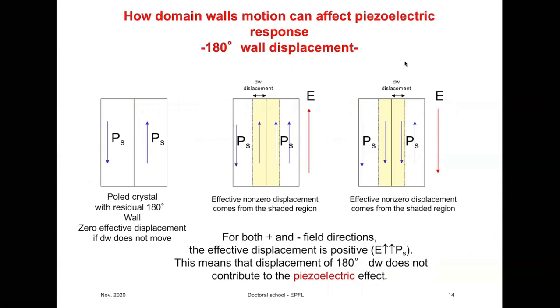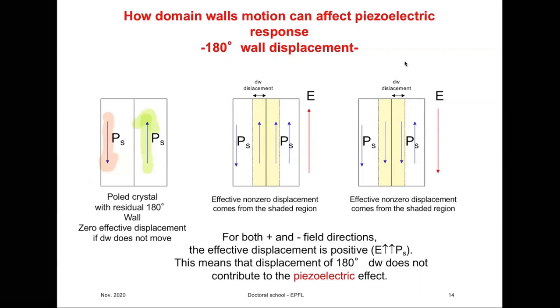So again, this is a schematic reasoning. You will probably find some reason why this is not completely consistent, but try to follow the general idea. Let's say we have a crystal which gives us two domains, one where polarization is going down, and one where polarization is going up.